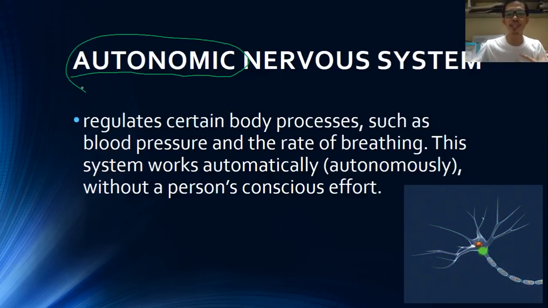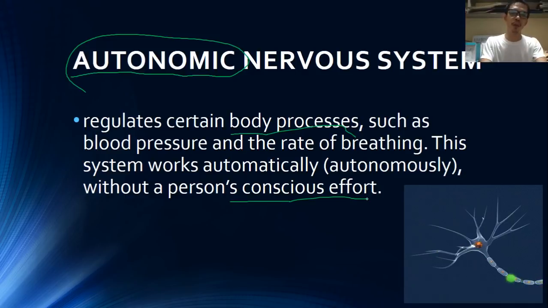So this system is independent of the somatic one because autonomously it controls the organs that are needed for certain body processes, and it controls them without any conscious effort.